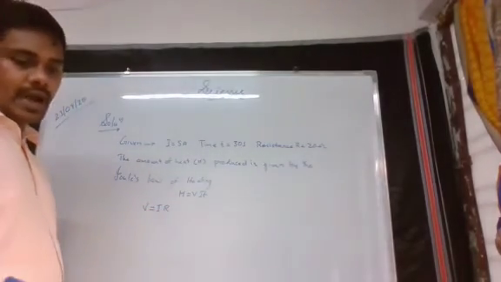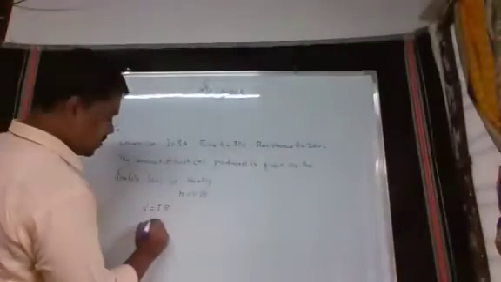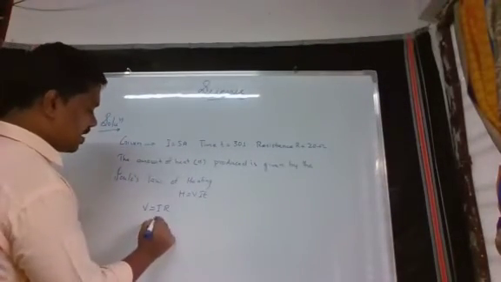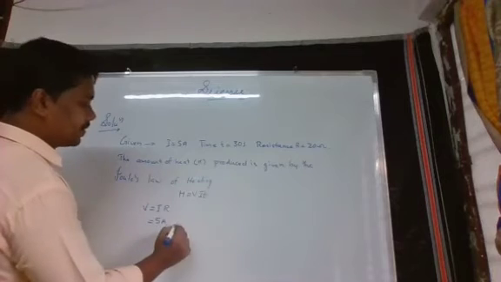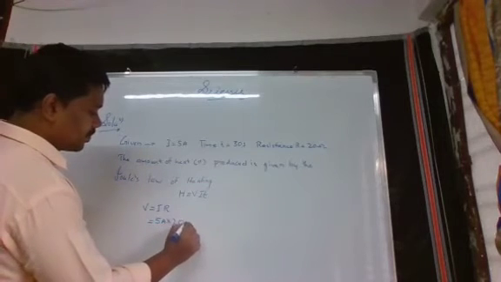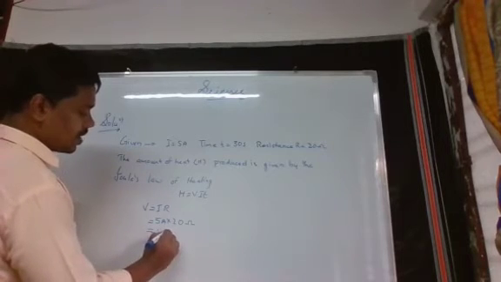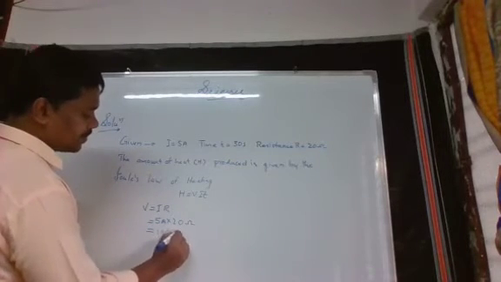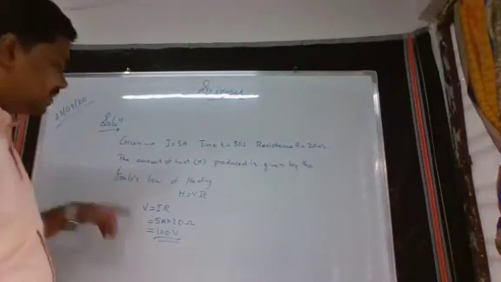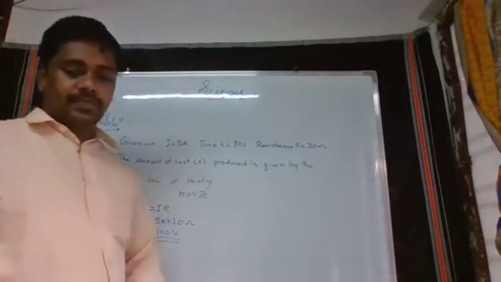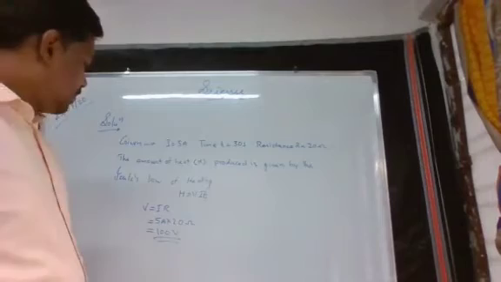That is, what is I? 5 ampere into R, 20. We will get the answer as 100 volt. Potential difference V is equal to 100.